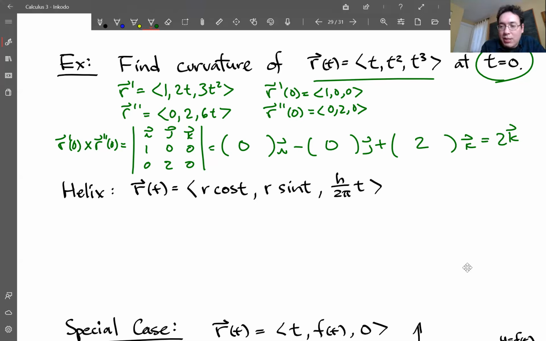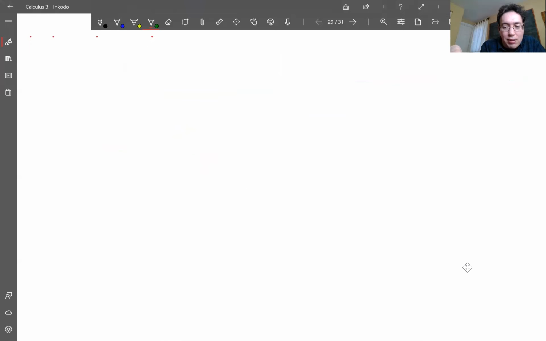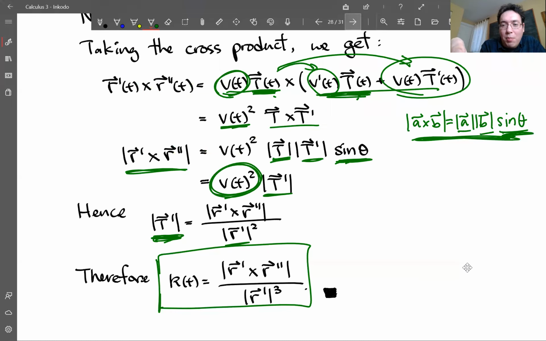And then, to get the curvature, we need the magnitude of r prime cross r double prime divided by the magnitude of r prime cubed.